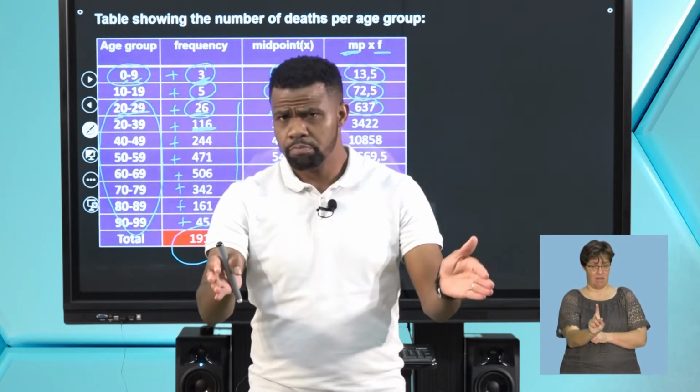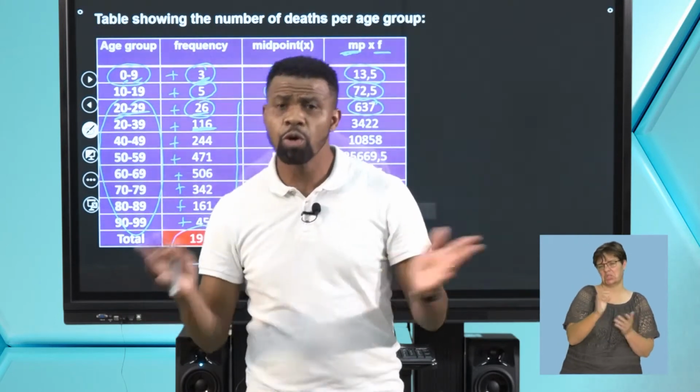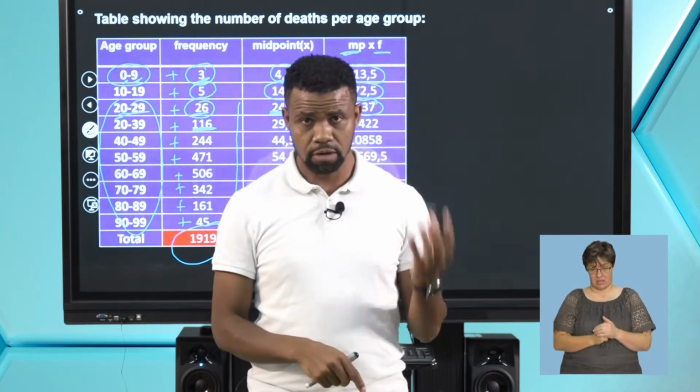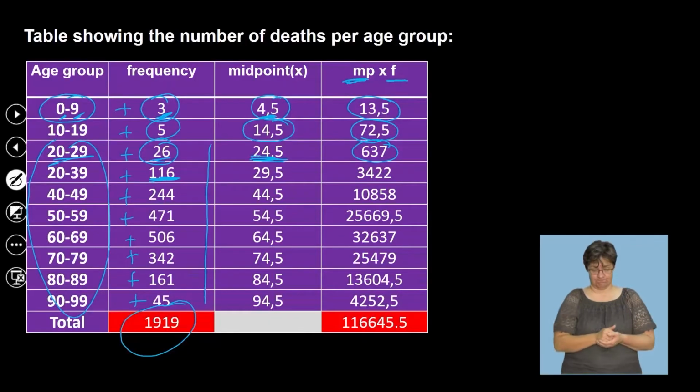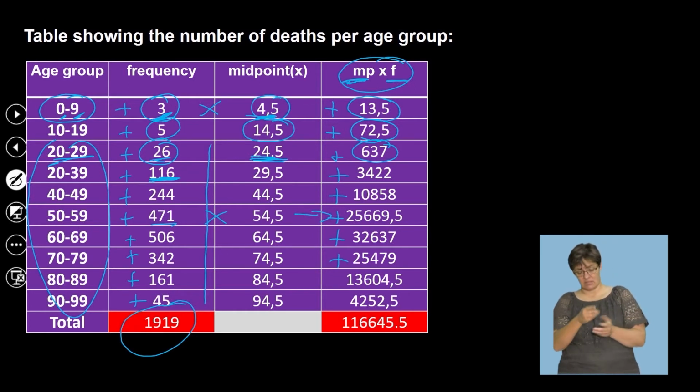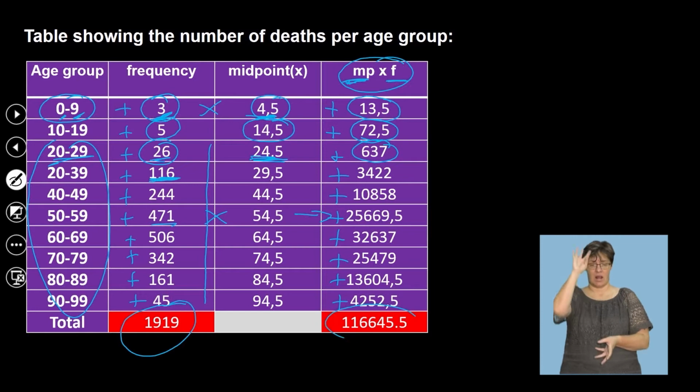It was 2 weeks, probably 3 weeks, or a month of data collection. Then from there, we're going to add all this. Remember how I got this? It's midpoint times frequencies. Yes. You're multiplying those, you get that. So we add all this, and this is what we get.